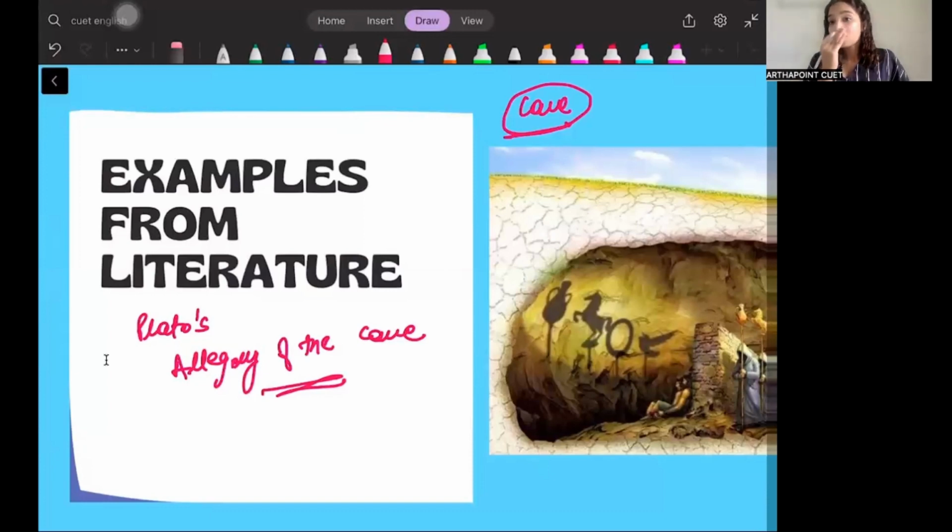So that is what this allegory is all about. It basically is representing the current state of the world, right? How there's darkness around us, how there's a need for movement into the light, how knowledge is required. So that is the basic meaning of this book.